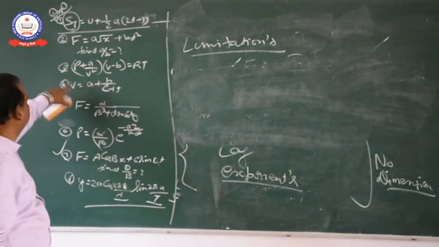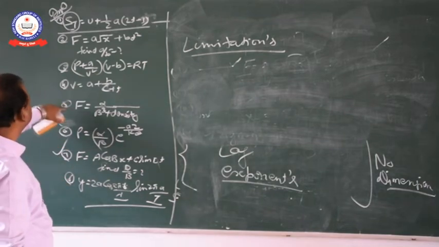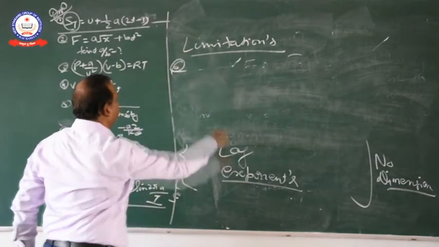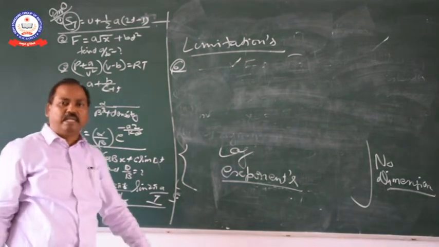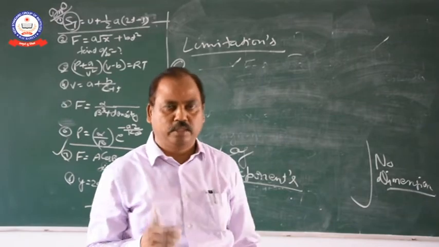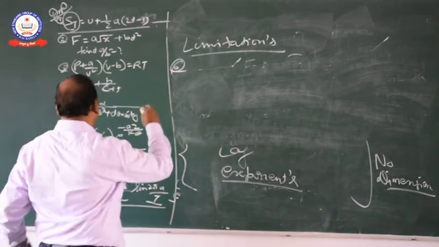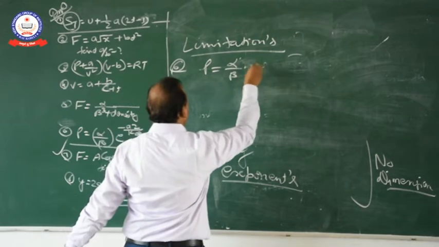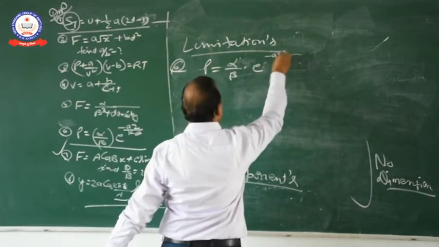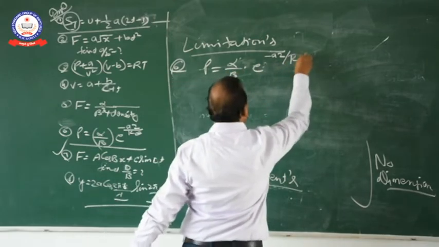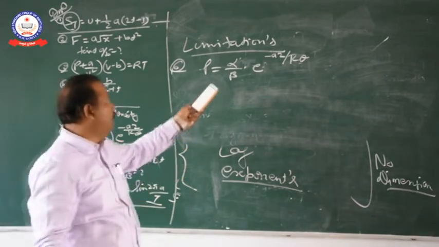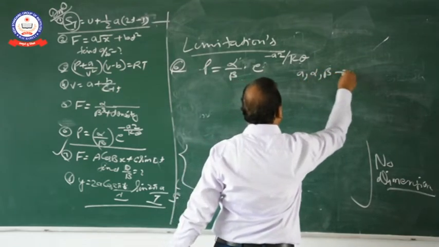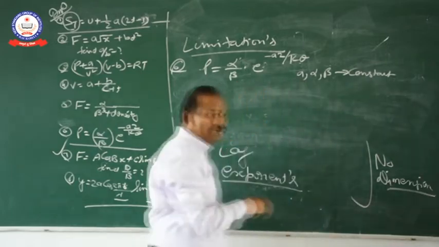We will take another example on the limitation of dimensional analysis. Question number 6. Also you know exponents are also dimensionless. Here P is equal to alpha upon beta into e raised to power minus az upon k theta, where alpha, beta and a are constants.